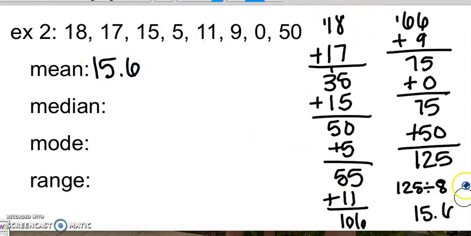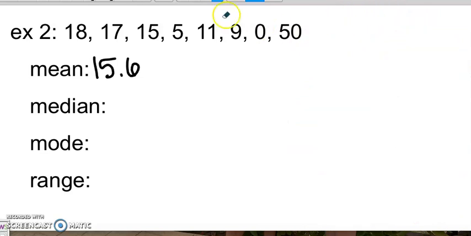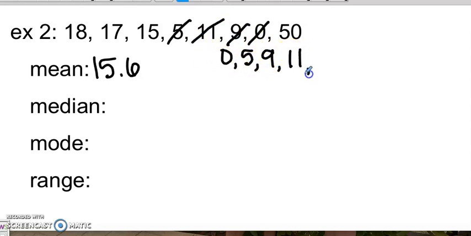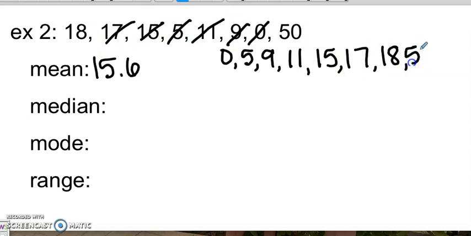Next, when I find the median, I have to make sure my numbers are in order from least to greatest. So 0, then I have a 5, then I have a 9, 11, 15, then 17, then 18, then 50.